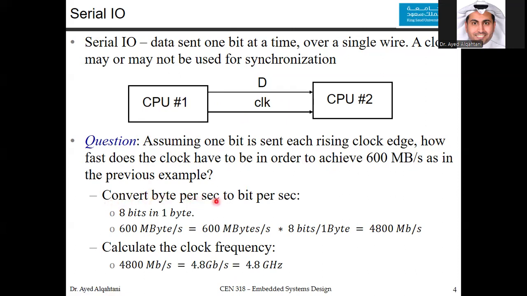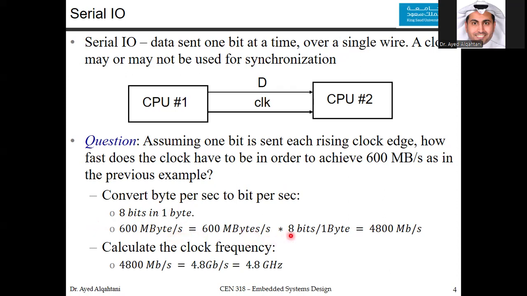Convert the byte per second to bit per second, since the serial communication is managed bit by bit. So 8 bits in 1 byte, we have 600 megabyte per second.